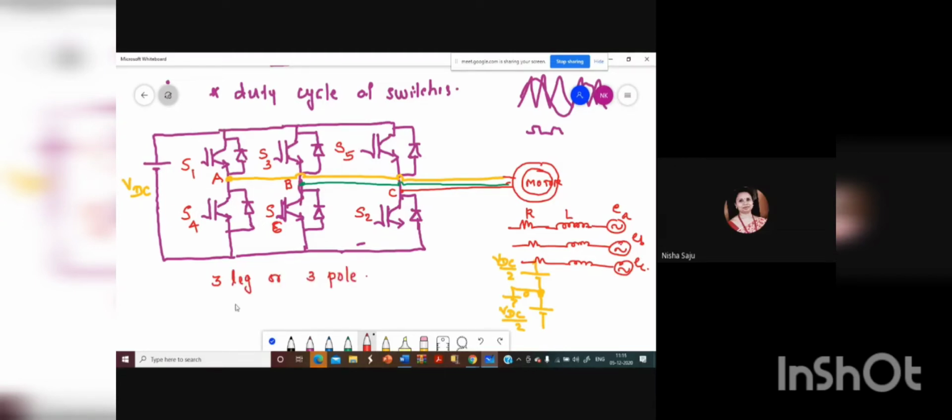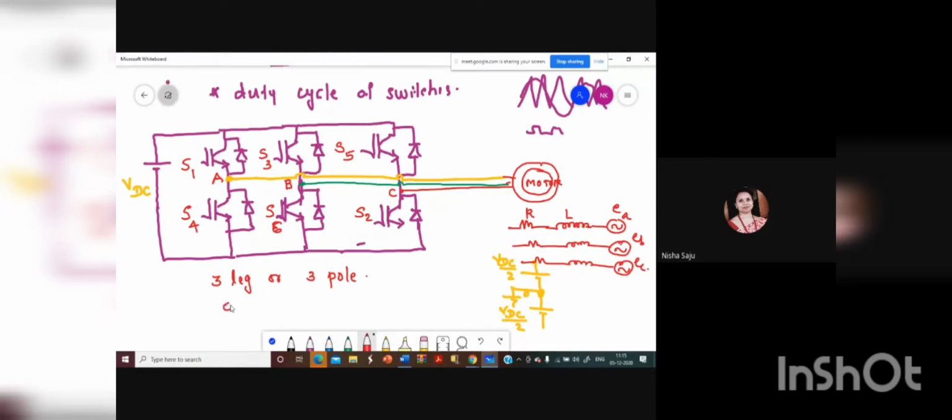Then how will you identify how many states are possible for this particular inverter? You have a VDC, then you have the inverter switches, which are connected to the motor part. Then you have three legs, or three poles, A, B, C. But in the case of a switch, only an on or off condition is possible, right?